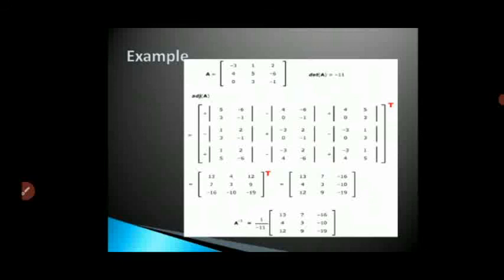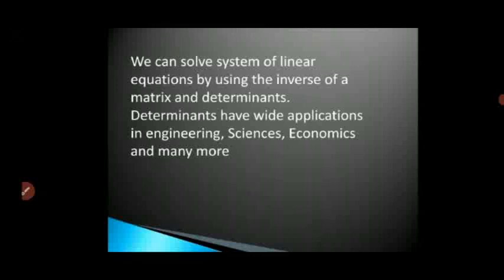First of all, I will take a matrix and find the adjoint, and then the unique value of the determinant. Determinant of A is calculated as minus 11, and so A inverse would be simply minus 1 by 11 into the adjoint of the matrix. So this is a very easy way to find the inverse as compared to the elementary row and column operations.